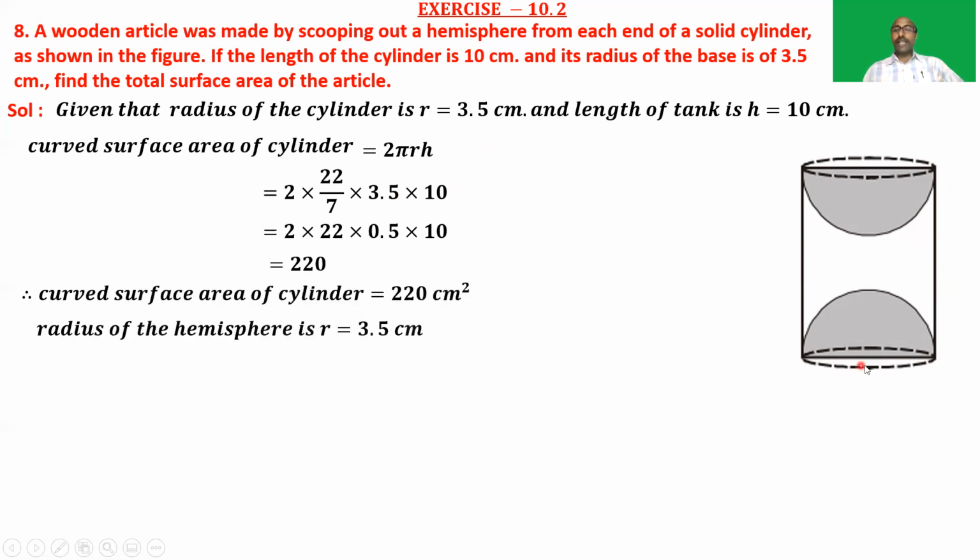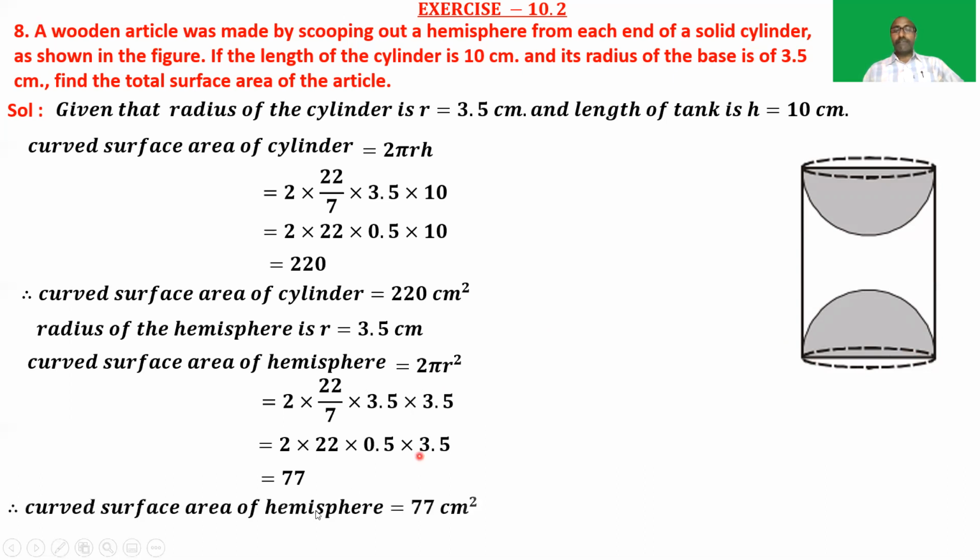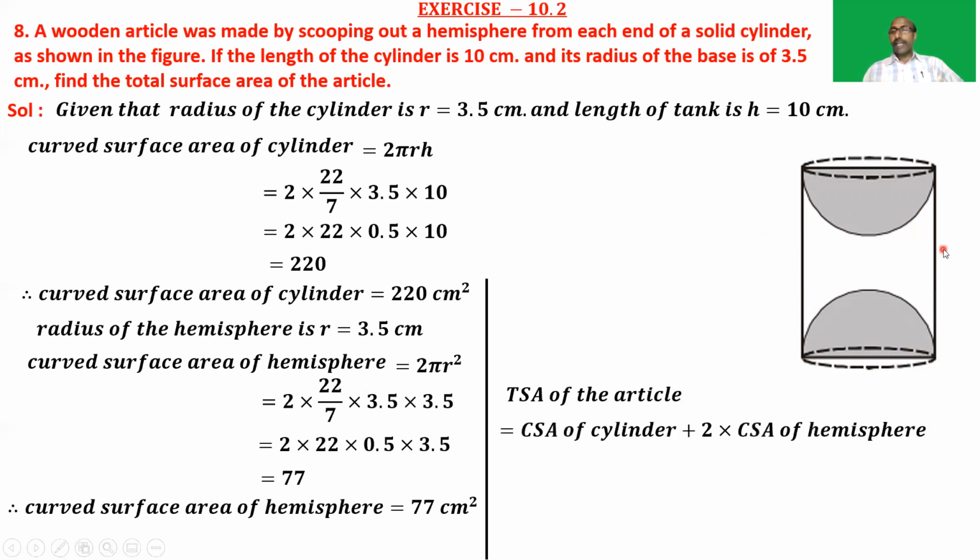The radius of the hemisphere is 3.5 centimeter. So the CSA of the hemisphere is 2 pi r square, which is equal to 2 into 22 by 7 into 3.5 into 3.5, and is equal to 77. Now, the curved surface area of the hemisphere is 77 centimeter square, and the total surface area of the article is equal to the curved surface area of the cylinder plus the curved surface areas of both the hemispheres, that is 2 into CSA of hemisphere.